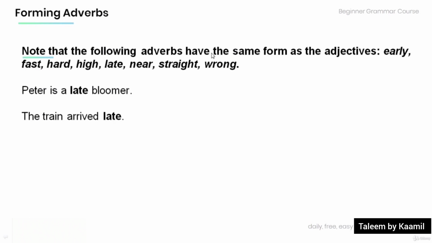Also note that the following adverbs have the same form as the adjectives: early, fast, hard, high, late, near, straight, and wrong. Read the following sentences and decide whether the words in bold are used as adjectives or adverbs.